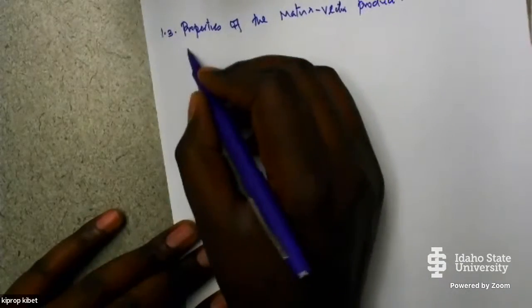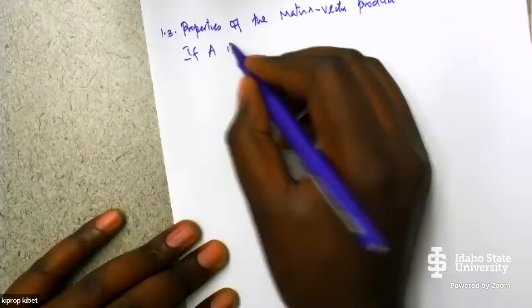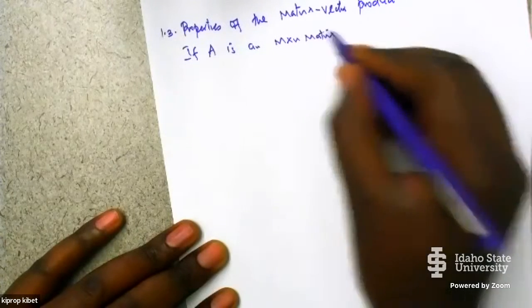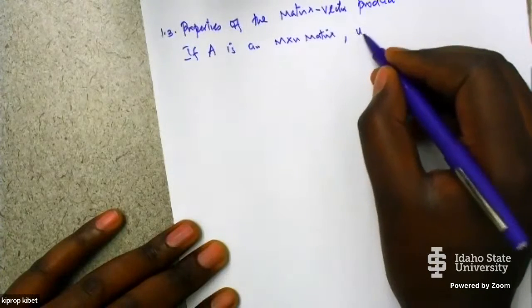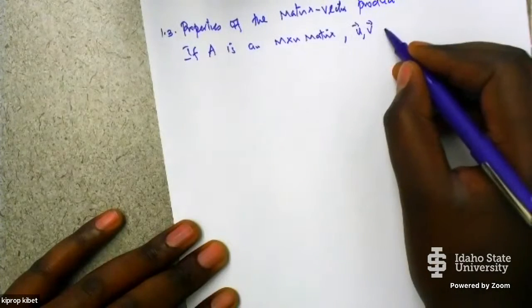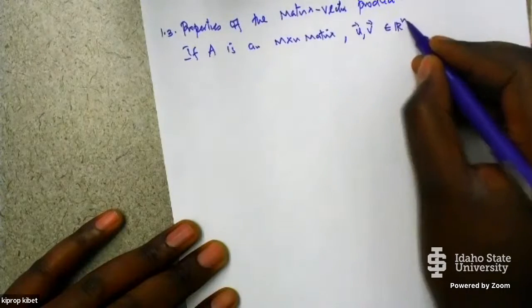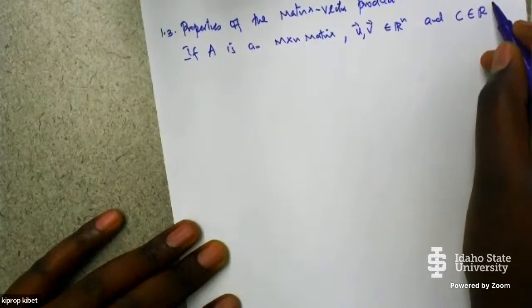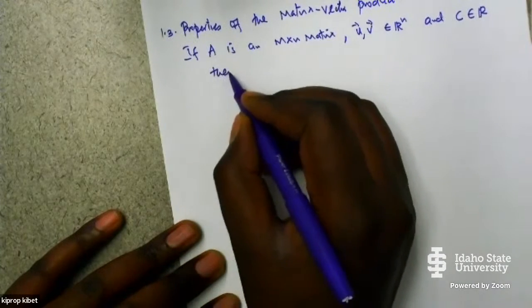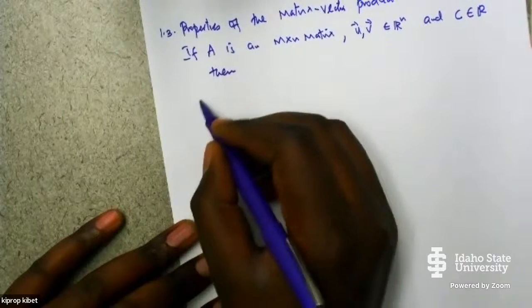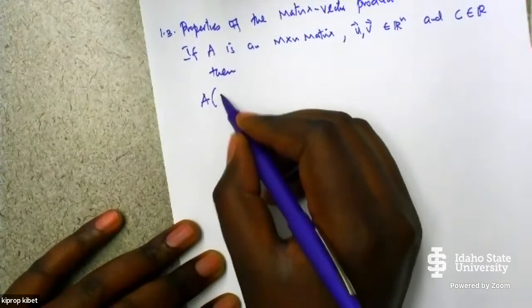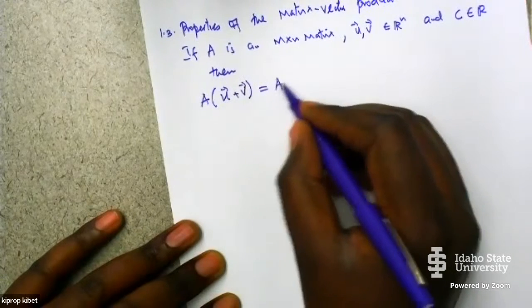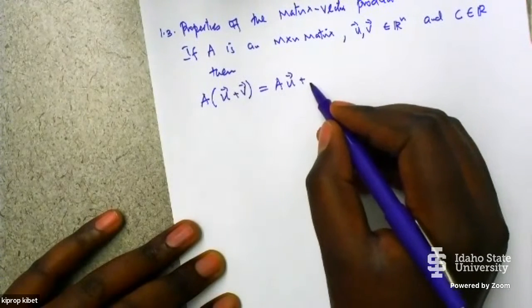Now, if A is an m by n matrix, the vectors u and v are elements of Rn, and c is a real number, which is a scalar, then when we multiply A by the vector u plus v, this is the same as Au plus Av.